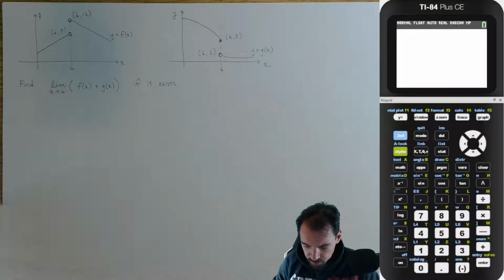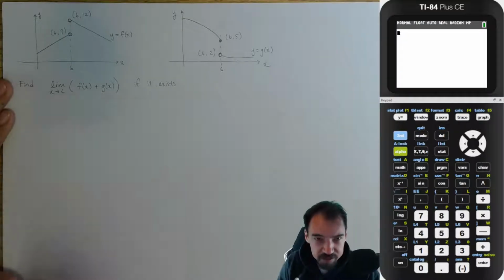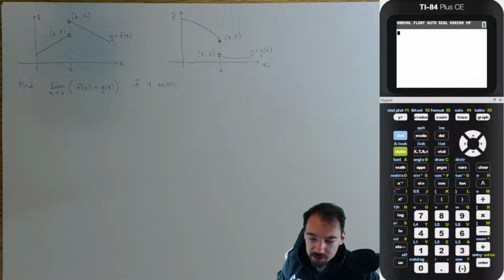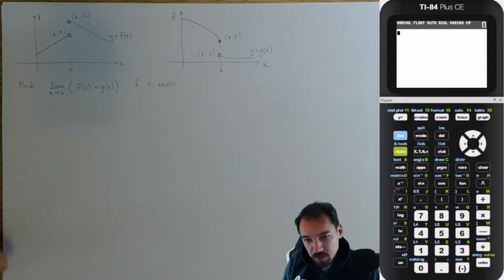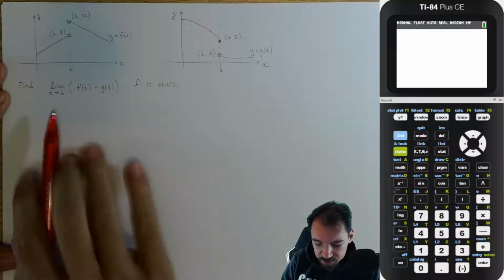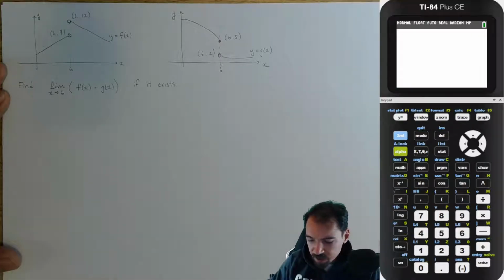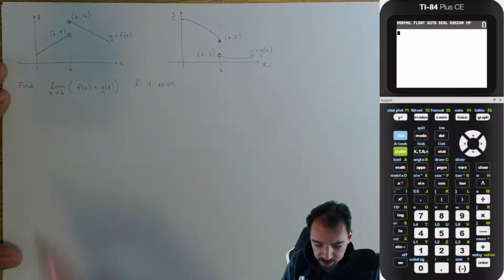Well, does that mean this limit does not exist? Turns out the limit does exist. And we got to be able to figure out why and how to find it. So to break it down, I could say this exists if I can think about the following.